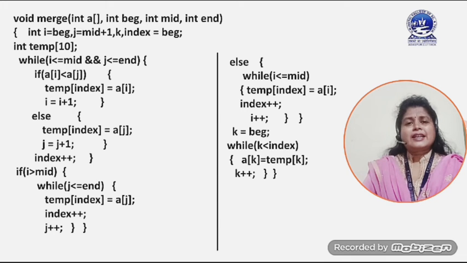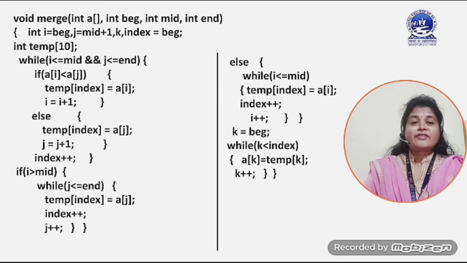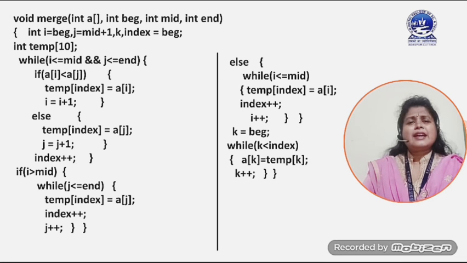And just assume that it is very simple. Suppose one list consists of 5 elements and another list consists of 3 elements. Then in that case, suppose 2 or 3 locations of one sublist are left. At that time, we will just take all the elements and place them in the final list as they are, because they are already sorted and there is no requirement of sorting.